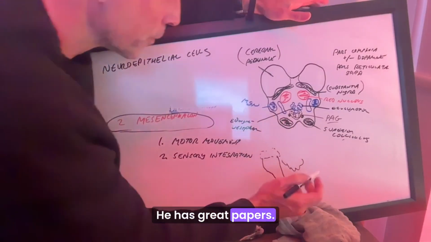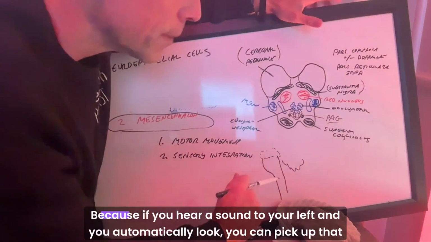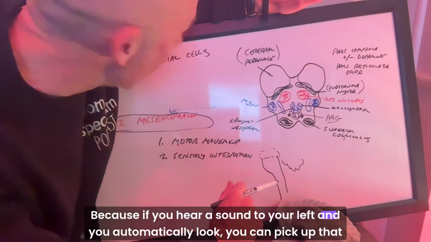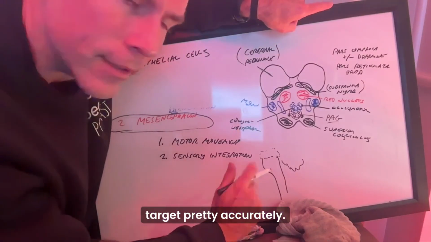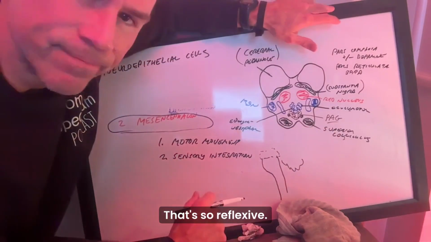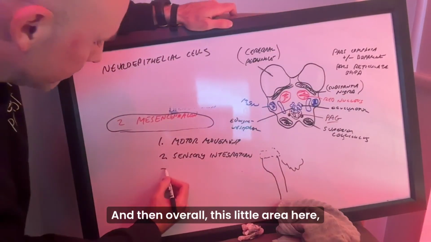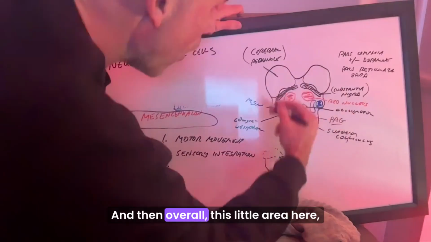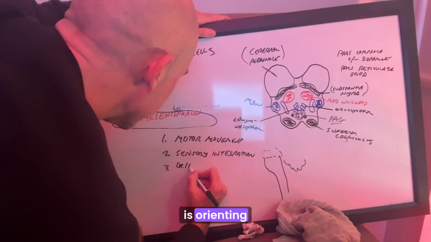He has great papers. But this also incorporates sound, right? Because if you hear a sound to your left and you automatically look, you can pick up that target pretty accurately. That's so reflexive. And then overall, this little area here is orienting attention.